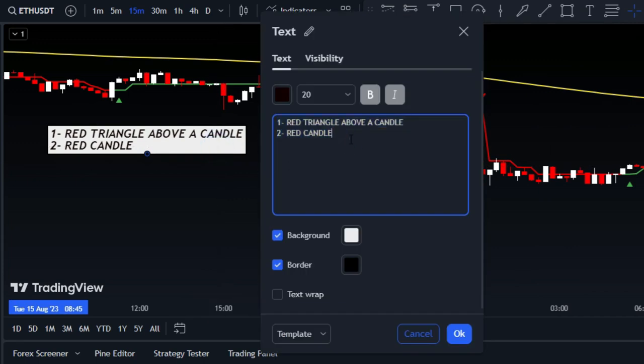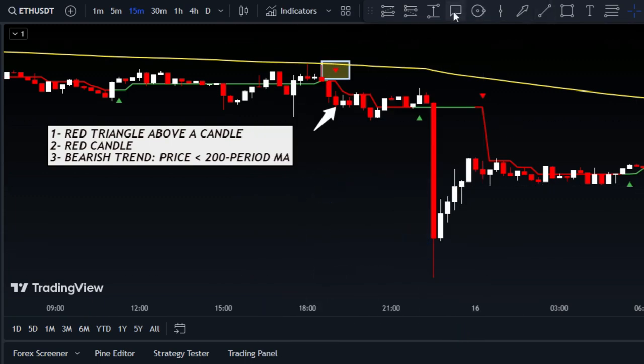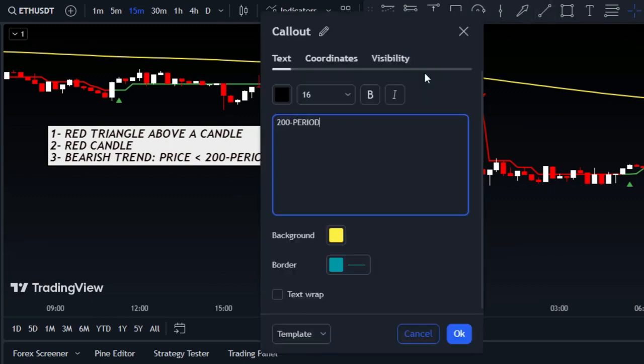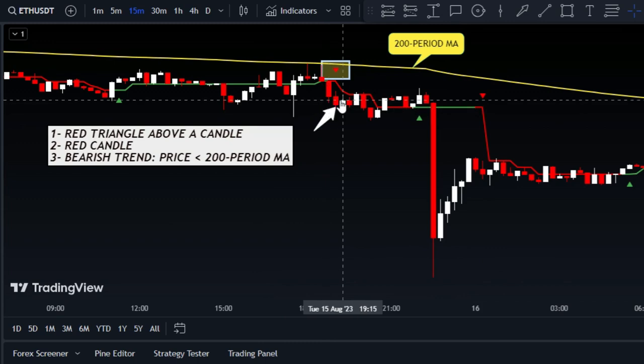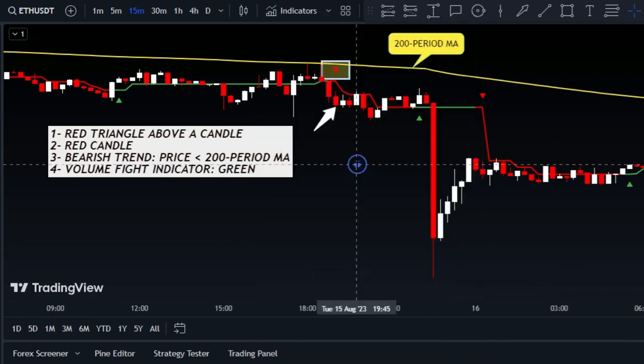In the following step, confirm the bearish trend, ensuring the price is below the 200 period moving average. Lastly, verify that the Volume Fight indicator also displays a red region corresponding to the signal candle.